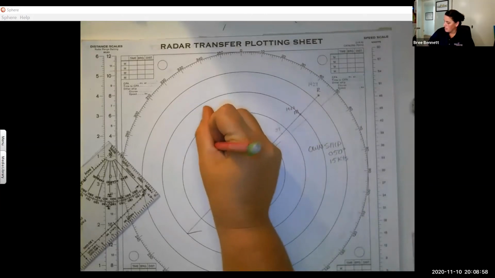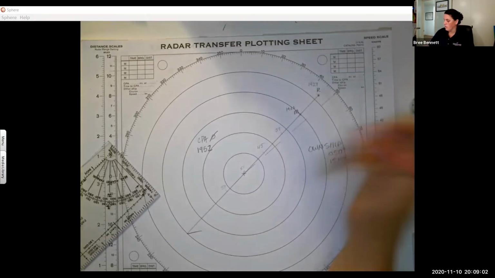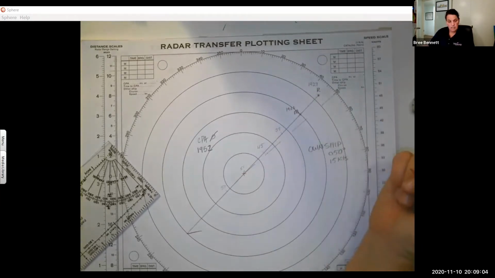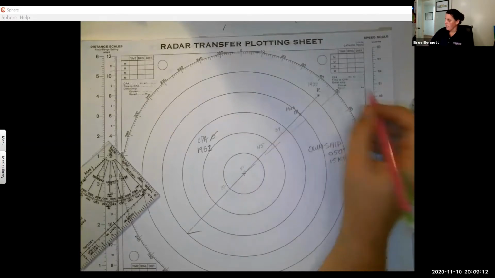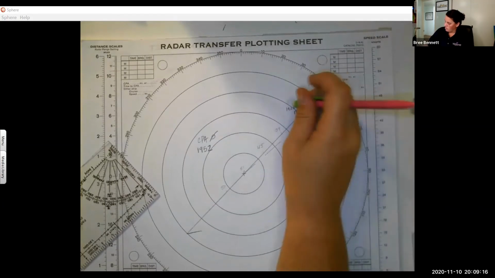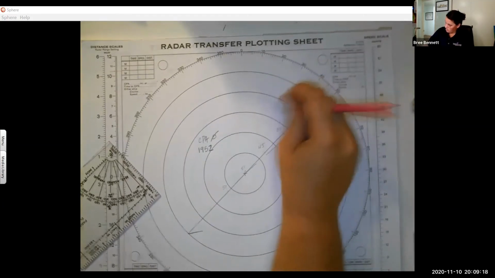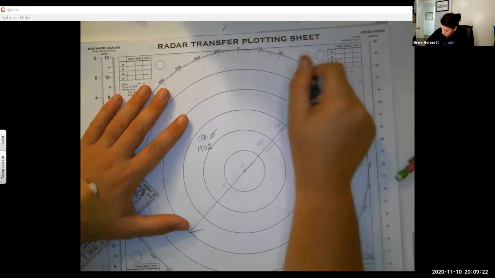I'm going to call it 1952 is when we will collide. So that's our relative motion line. Now to create this triangle, move this M on the other side.